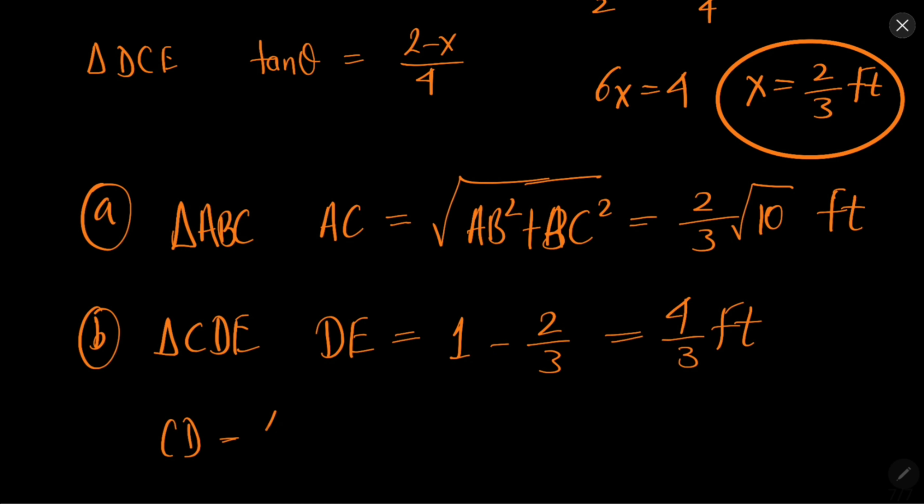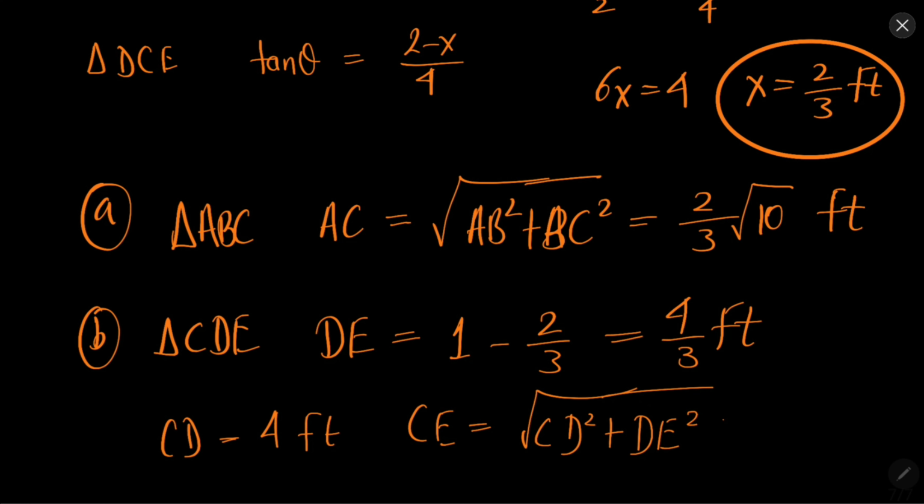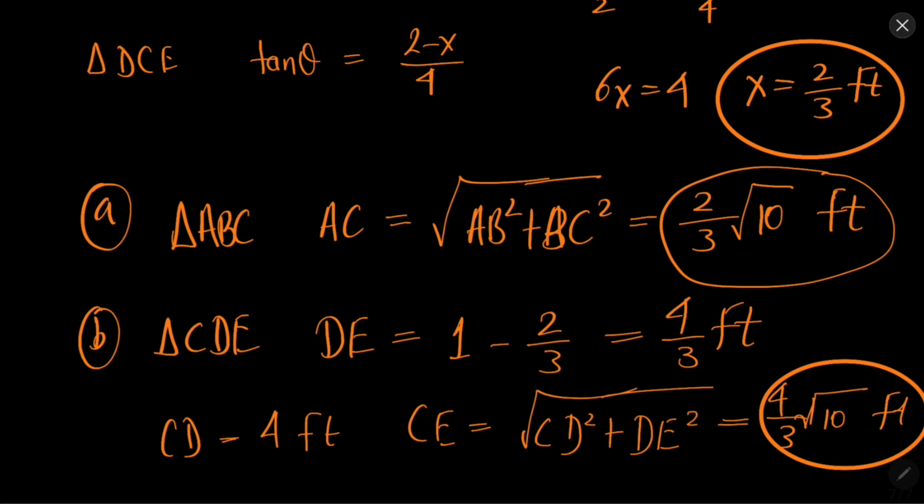So CD will be 4 feet. And because of that, CE will be root of CD square plus DE square, equal to, after solving, 4 by 3 root 10 feet. So that is from the rebound point, and the other from the center point.